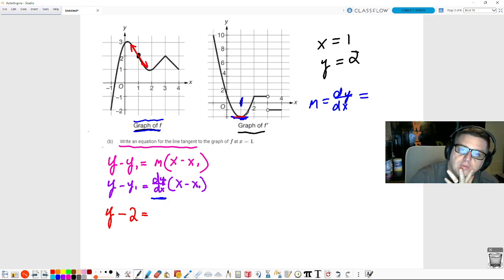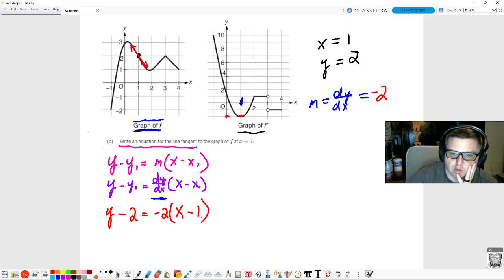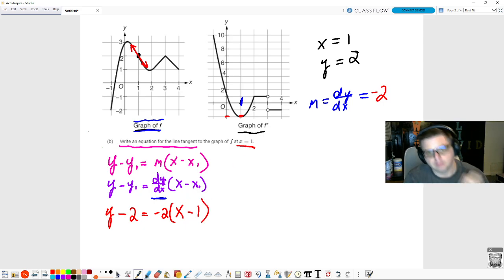The slope of this is 0, but that tells us the change in concavity, where this goes from concave down to concave up. So when I look at this, I really need this actual y value of -2. And that's where my derivative comes from. And then x minus x1, which is we're looking at when x equals 1.